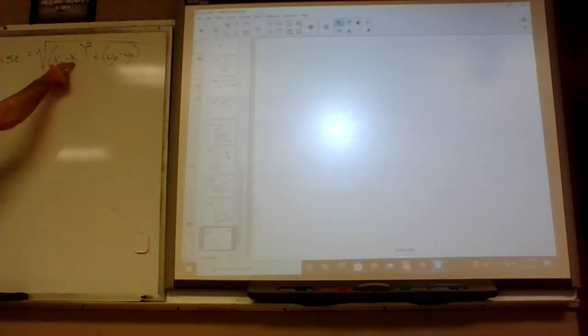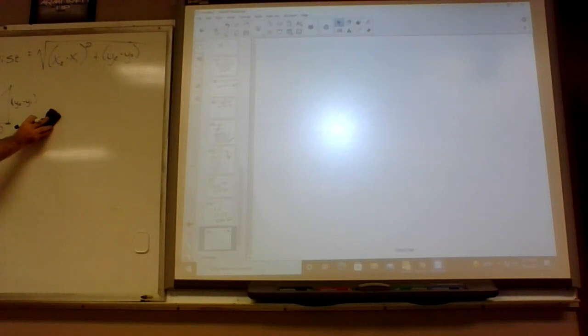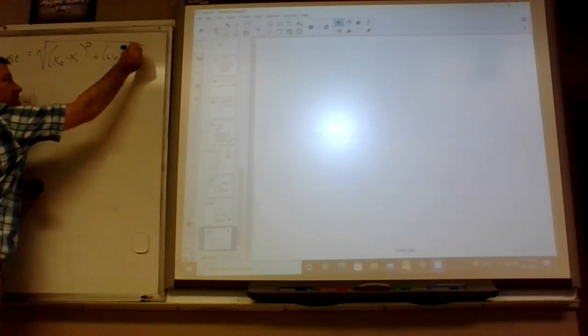The change in x's is like this line, the change in y's gives you this line. So this squared plus this squared equals this squared, so you have to take the square root at the end. Oh, y1, I forgot my square, yeah.